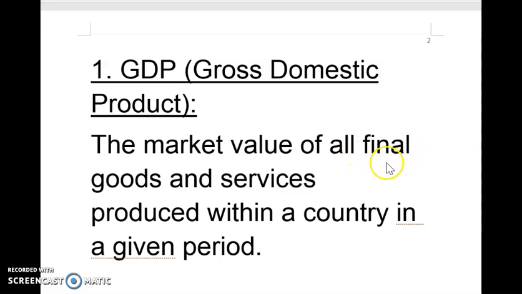Are there any goods that are not final? Produced within a country, what does that mean? What if the good is produced in the country but is not owned by the citizens of that country? And then in a given period, how long is that given period? So I'm going to break it down into small parts and explain all of these technical terms.